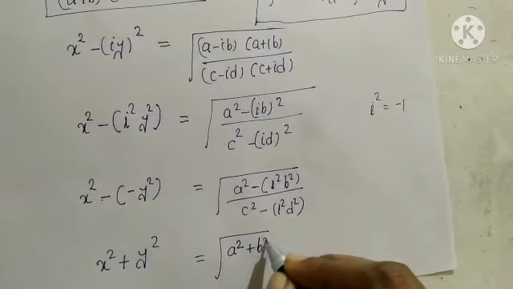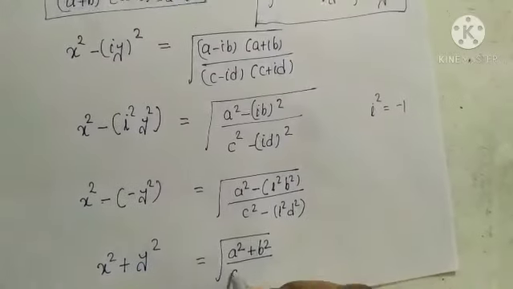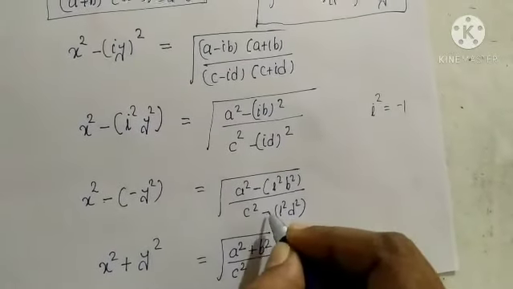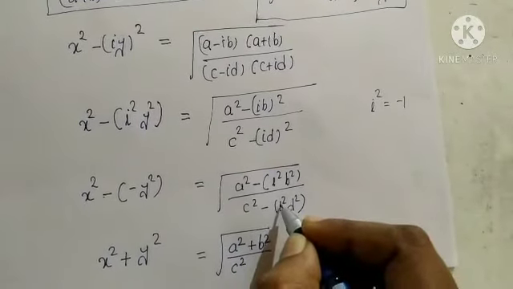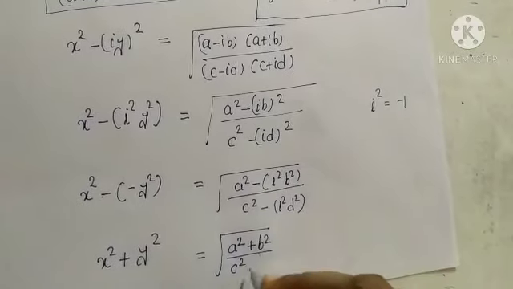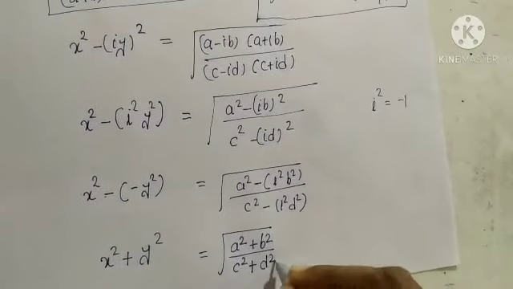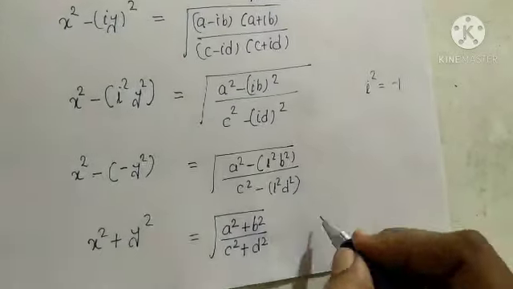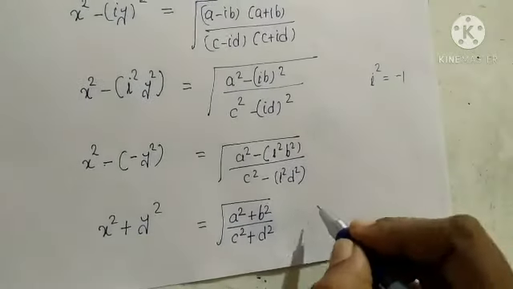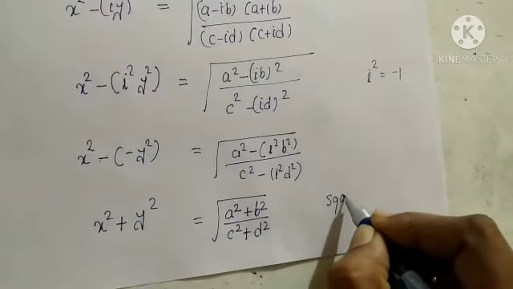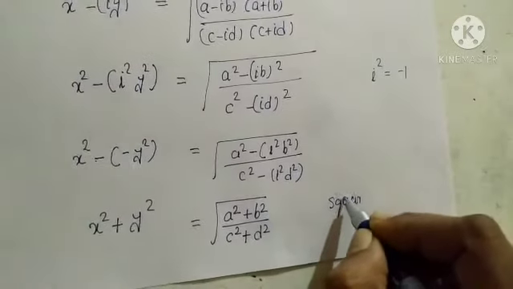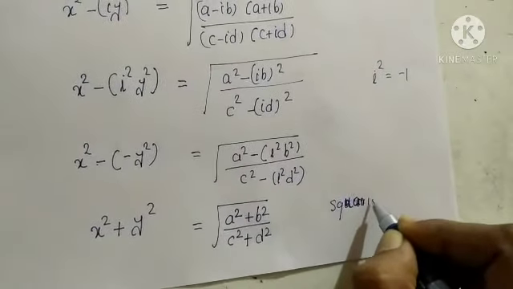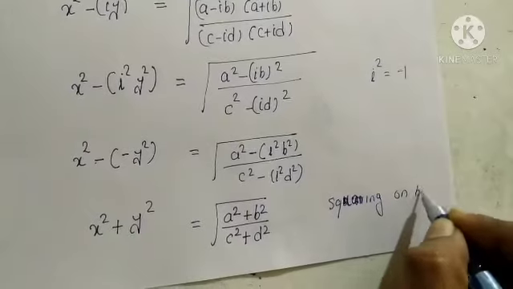A square plus b square divided by, similarly c square minus i square value is minus 1. So minus of minus will become positive. And also write this d square. Okay. Next, I am going to square on both sides.